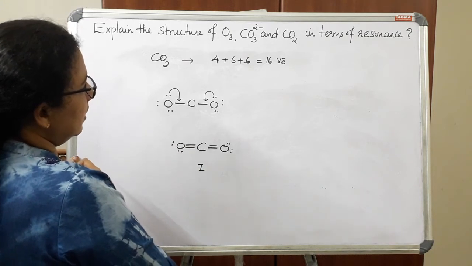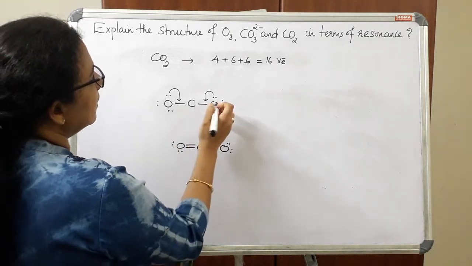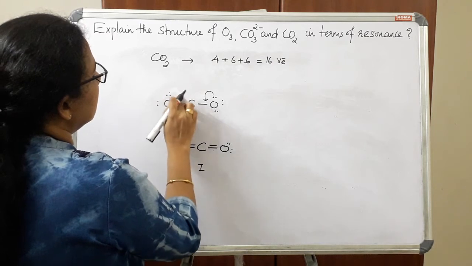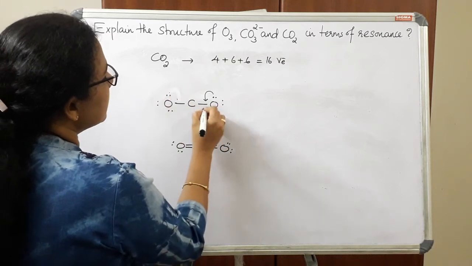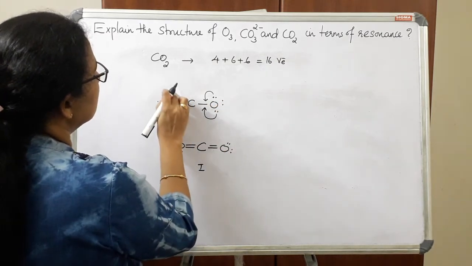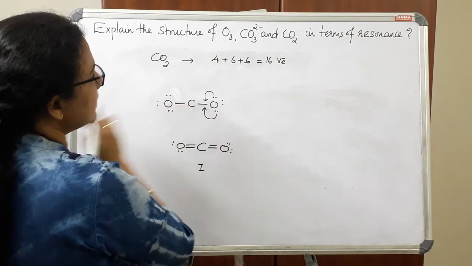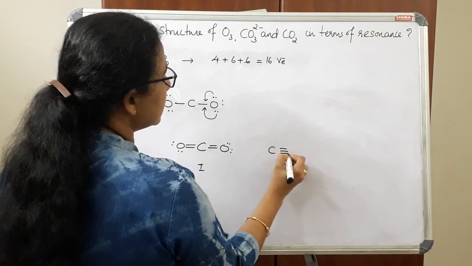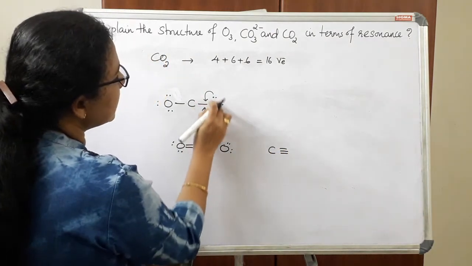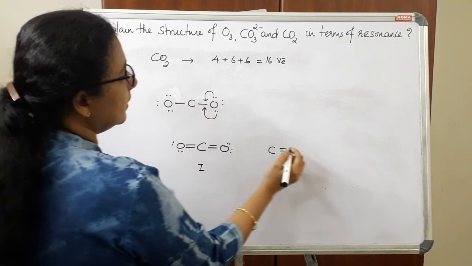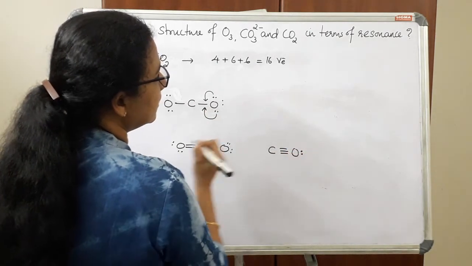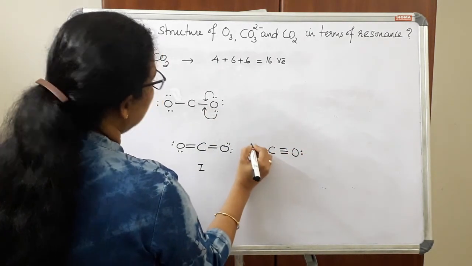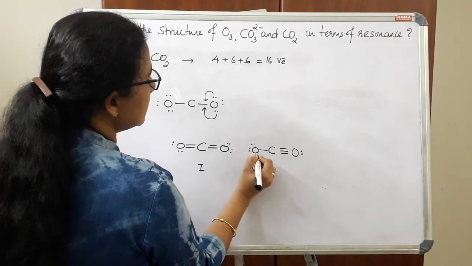In some other case we can shift these two pairs of electrons towards here. So in that case we can draw a triple bond, that means two pairs can be shifted towards here, and here there is only one pair, and here the electrons are the same.